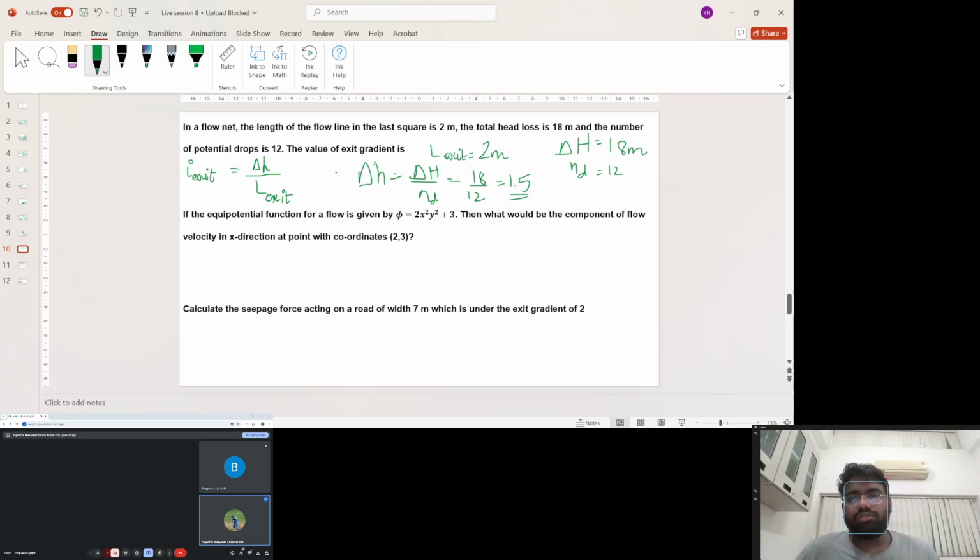And L exit is 2. Now the value of exit gradient will be 1.5 by 2. Both are meters, so this will get cancelled out. So this will be how much? 15 by 20 is 3 by 4, which is 0.75. I exit is 0.75.